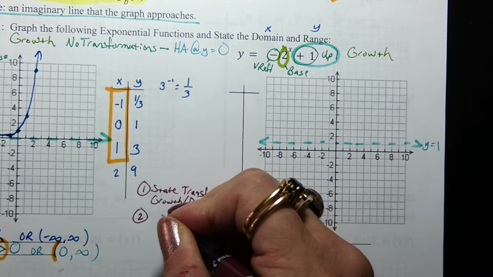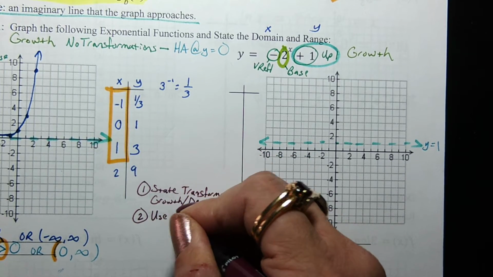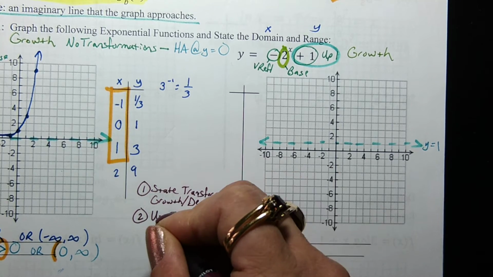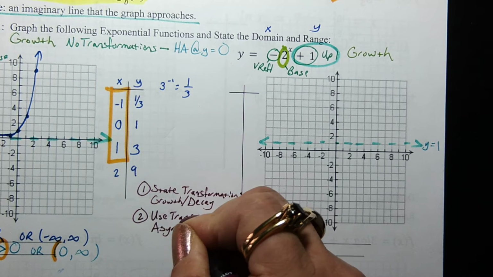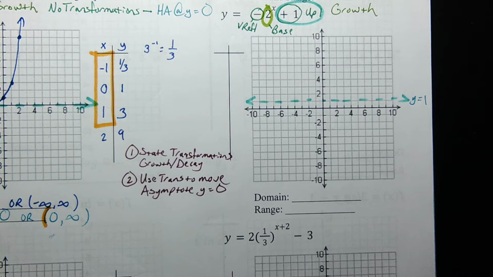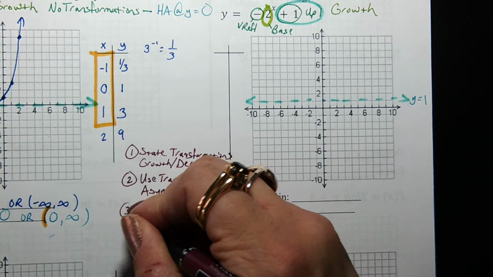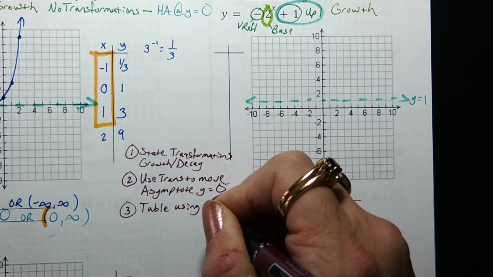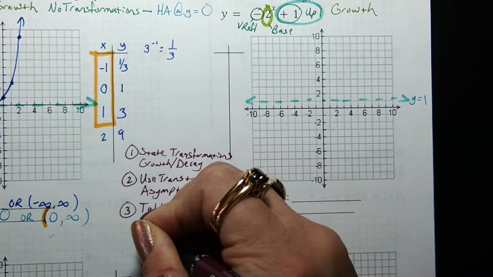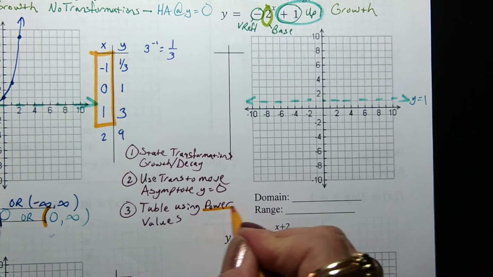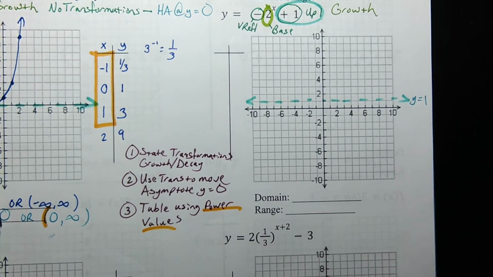Number 2, use the transformations to move the asymptote, which starts at y equals 0. Our next step is going to be make our table using the power values, which will be the -1, 0, and 1.